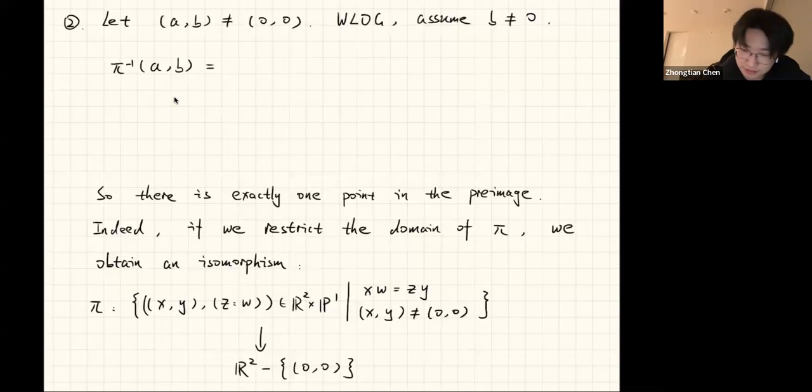Assume B is non-zero, then we can compute the pre-image of this pi at this point. So the pre-image, the first coordinate is determined, right? Because the projection, we just read the first coordinate, and it's equal to this point A and B.